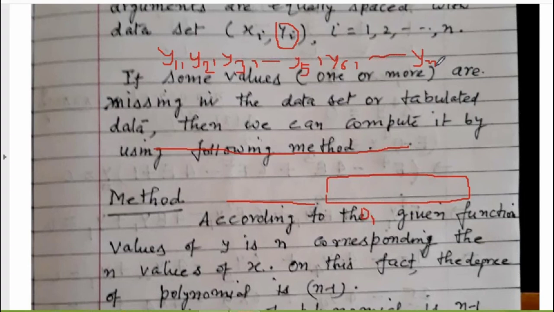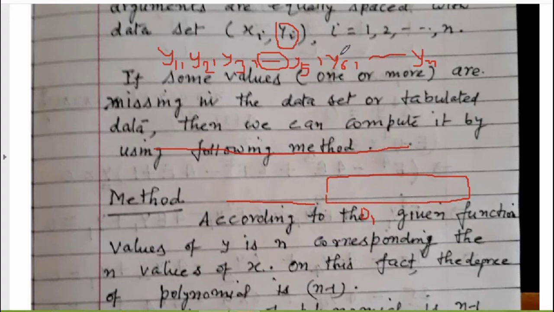Suppose these values are given, but one value is missing. Here this value is missing, meaning y4 is not given. Similarly, not only one value, suppose y6 is also not given here.